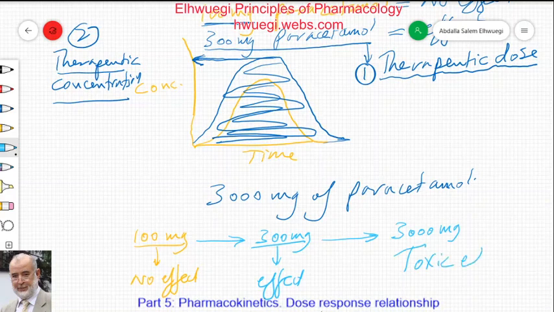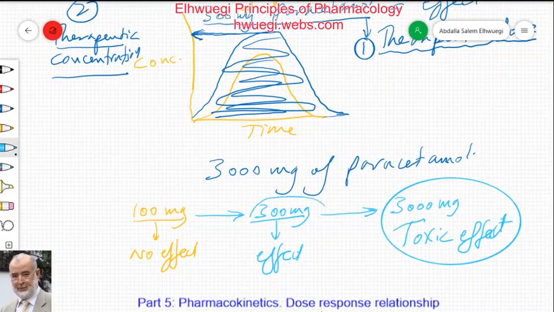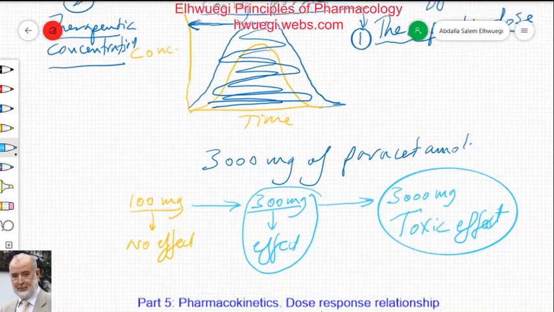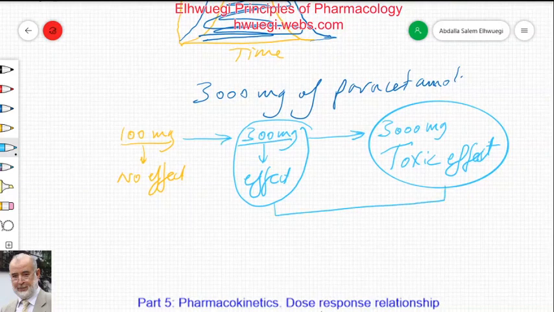Toxic effect. Okay? Of course, I don't need the toxic effect. I want the therapeutic effect. So, what's the difference between the toxic effect and the therapeutic effect?